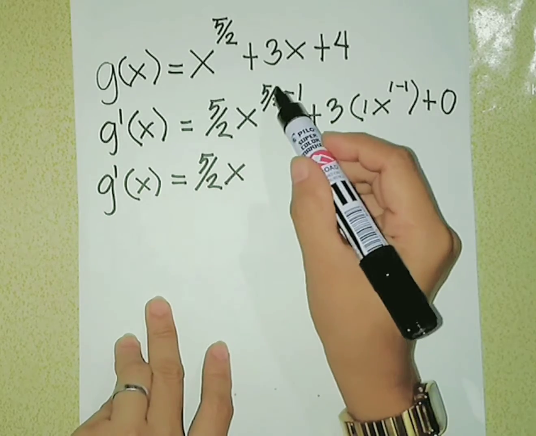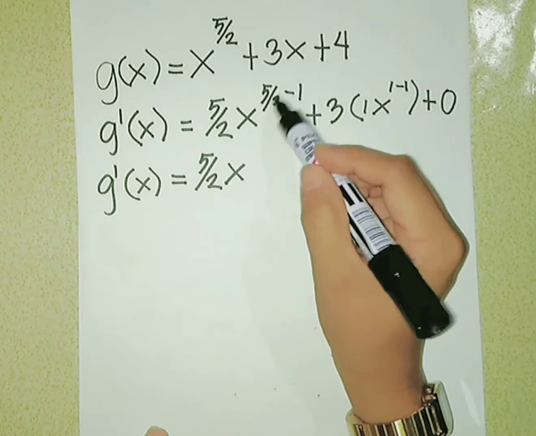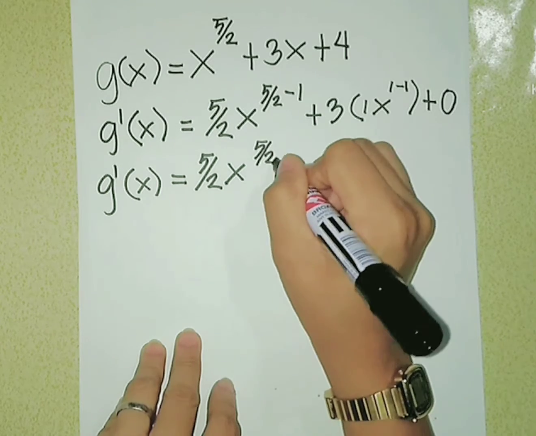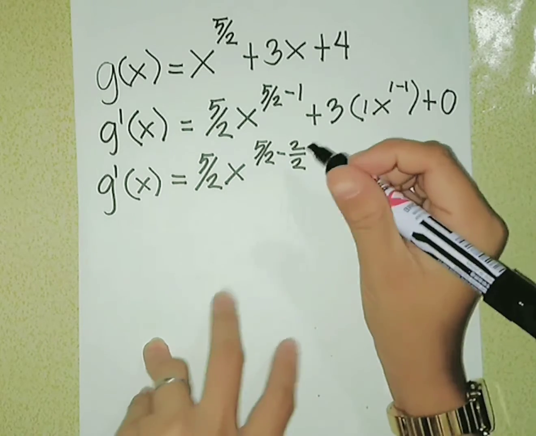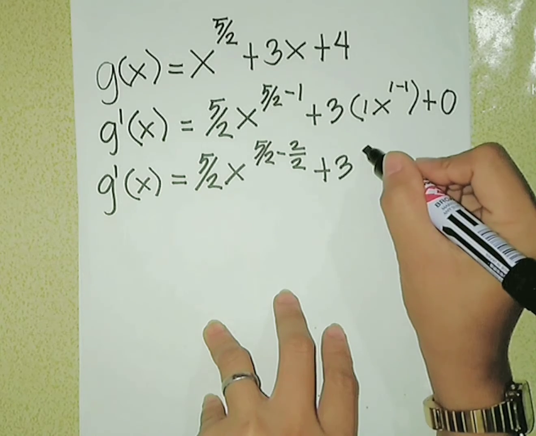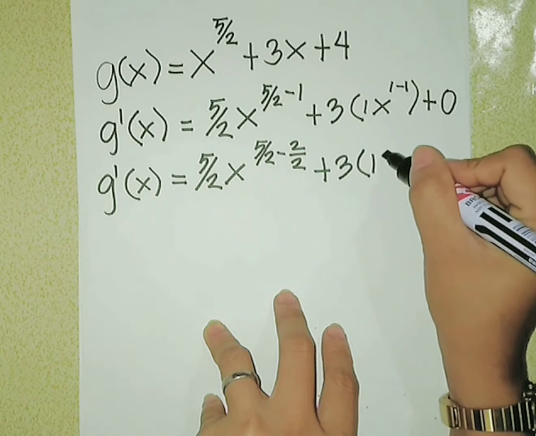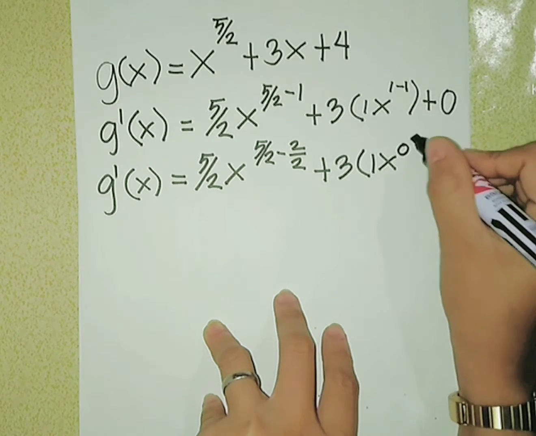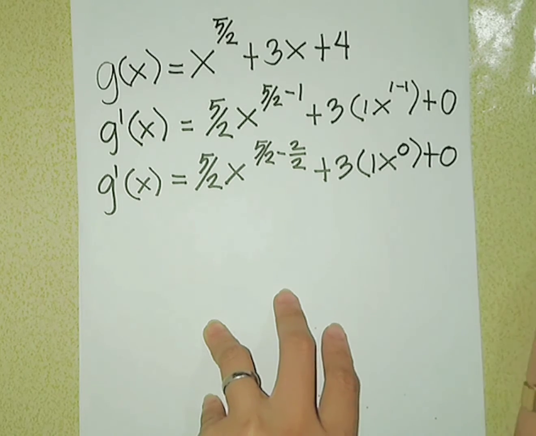So for the exponent, instead of 5 over 2 minus 1, it will become 5 over 2 minus 2 over 2, plus 3 times the quantity, so we write down the 1x and then subtract the exponent, so we have 0 because 1 minus 1 equals 0, and then plus 0.